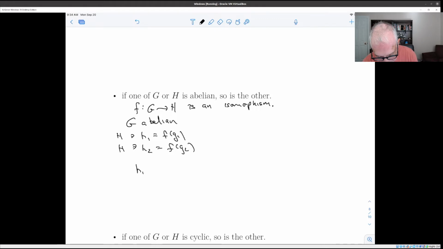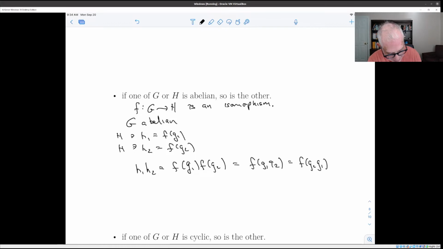Then on the one hand, we have H1 H2 is F of G1 times F of G2, which is F of G1 G2. But G is abelian, so that's the same as F of G2 G1. And that's, by the isomorphism property, the same as F of G2 times F of G1. But F of G2 is H2, and F of G1 is H1. So by finding representatives for our elements of H in G, we can switch them in G and then go back, and therefore we must have been able to switch them in H.